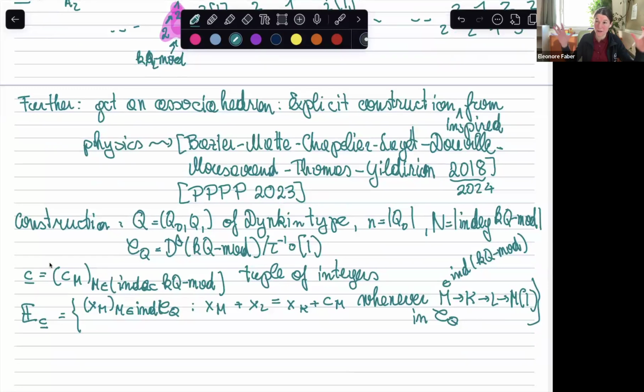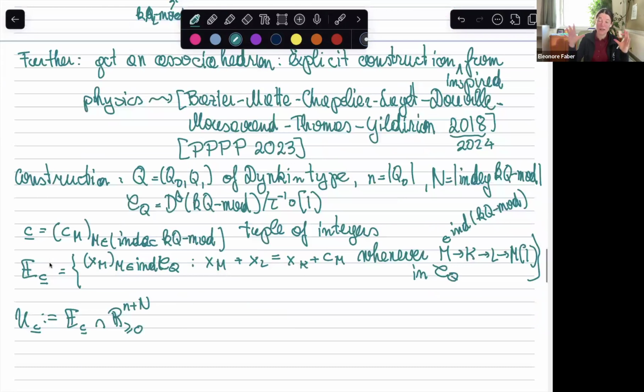So this will be in general infinite, but then you can intersect this with the positive orthant. So you can intersect EC with R^(n+n) greater or equal 0. So n plus n is the number of indecomposable objects in your cluster category.